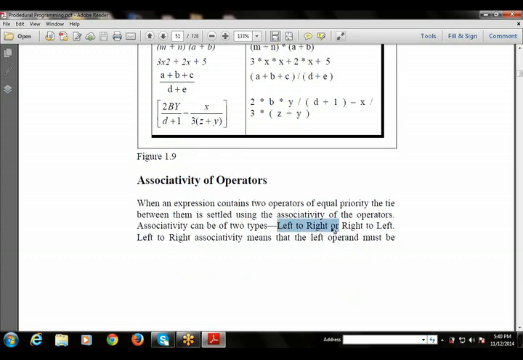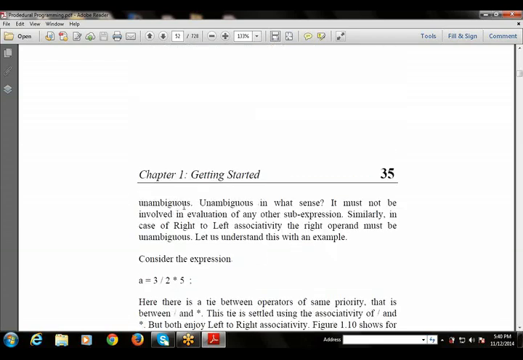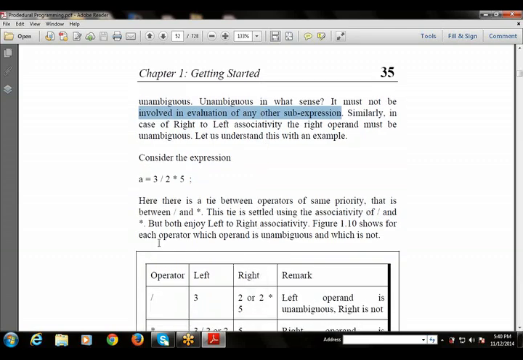Now, what is the associativity of the operator? There are two types, left to right and right to left. Left to right means that the left operand must be unambiguous, that is, it must not be involved in the evaluation of any sub-expression. Similarly, in the case of right to left, the right operand must be unambiguous.